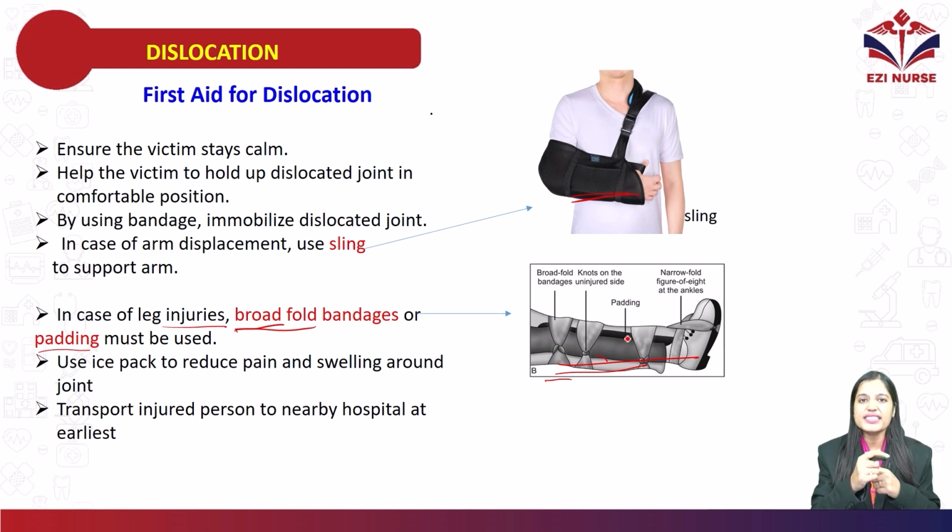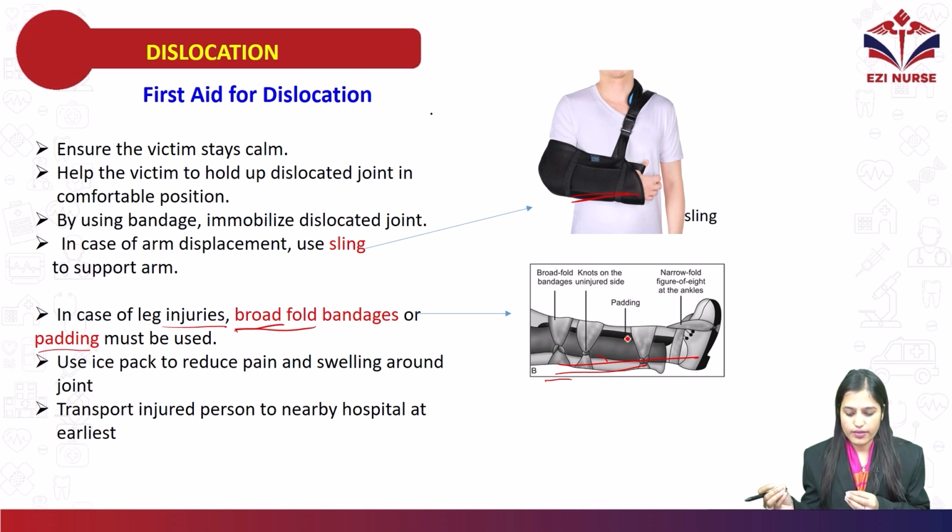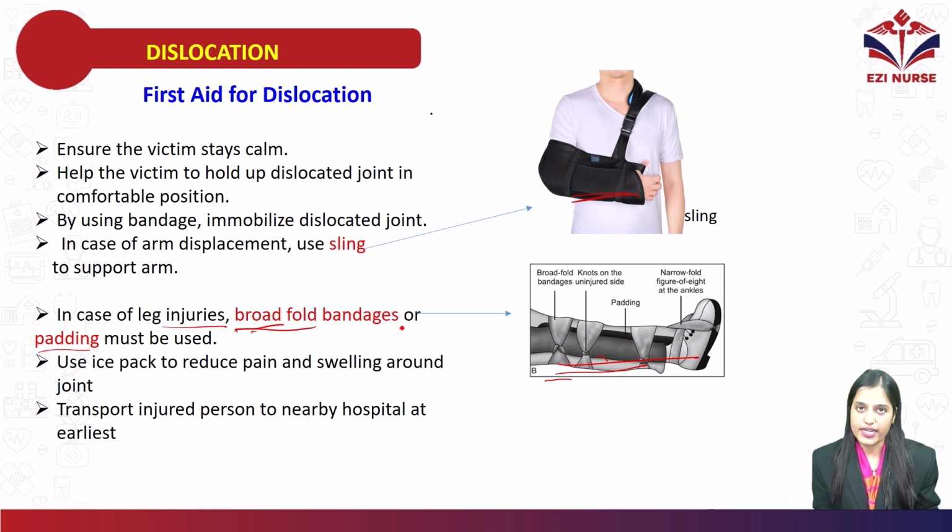Then with the bandage, they are tying both legs so that the area will not be mobilized. Then there is no chance of further dislocation. So if you have any leg injuries, they use broad fold bandages. If you have any arm dislocation, they use the splint. This is the splint. That is the broad fold bandage.